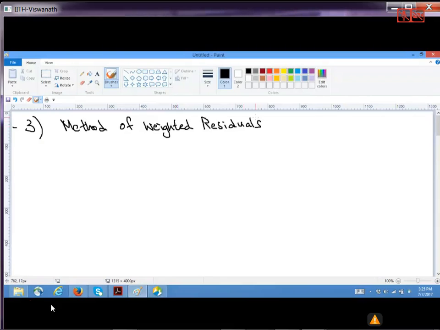Now, in order to explain this, I will again take an example. The example in our case is again a bar.